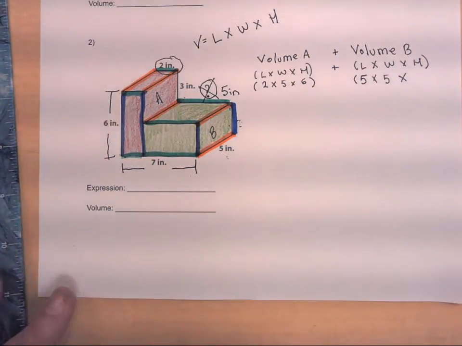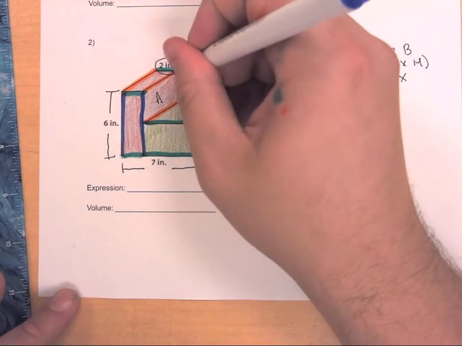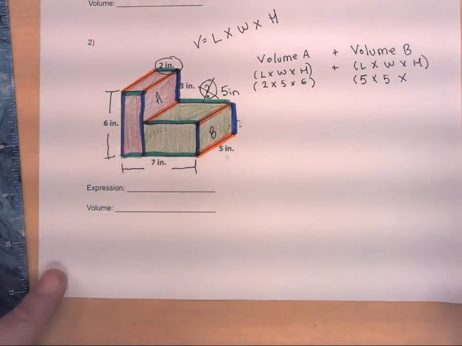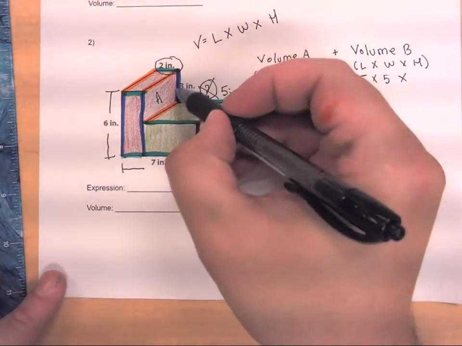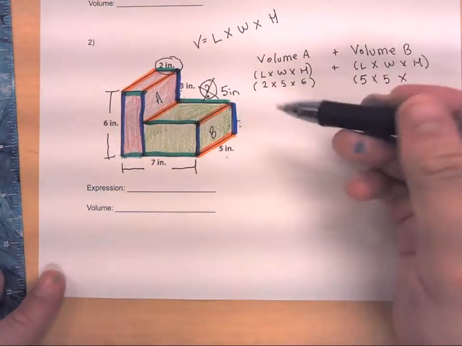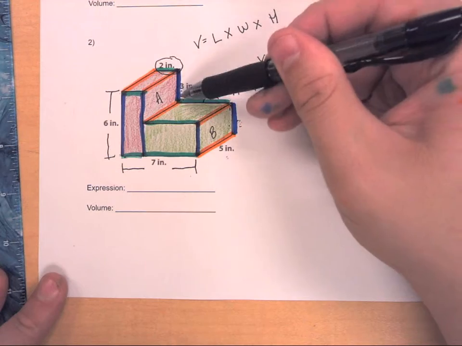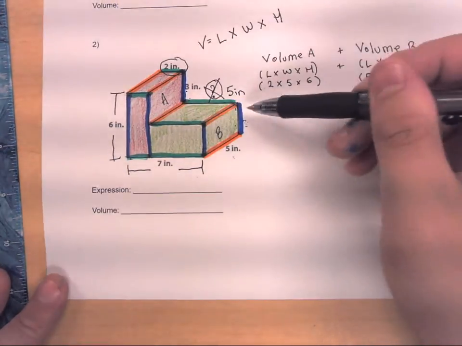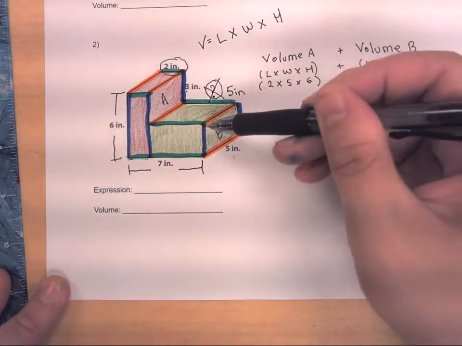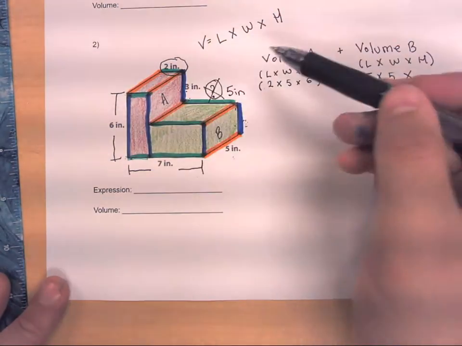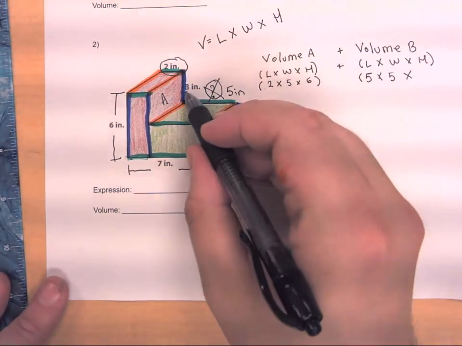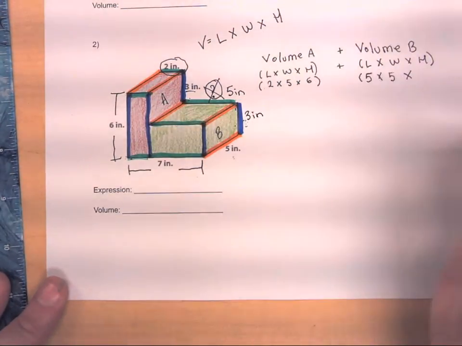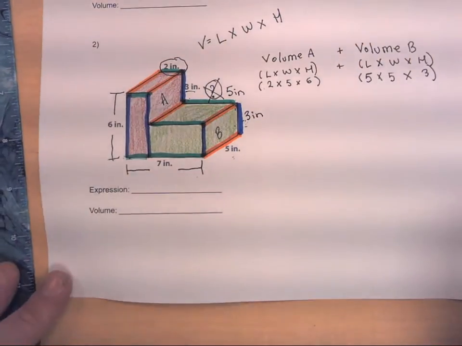Now we also notice that on the far side here of prism A, this distance is 3, meaning that this distance, which is the same as this distance, added to the value here has to give us a total of 3. So the only number that is going to add with a whole number 3 to give us a whole number 6 would be 3. So the height in this case will be 3.